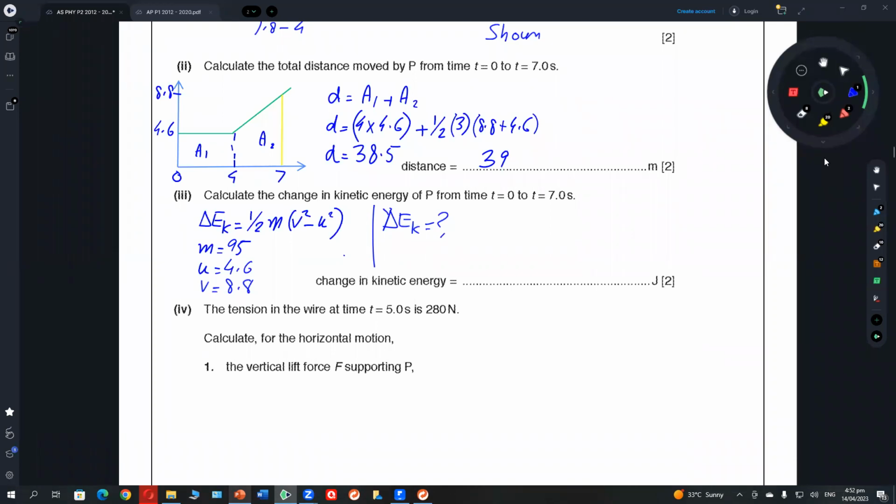For the above part, I was getting 38.5. Okay, I got it. That's good. And then it is 39; I rounded it. The next part, he says, calculate the change in kinetic energy.